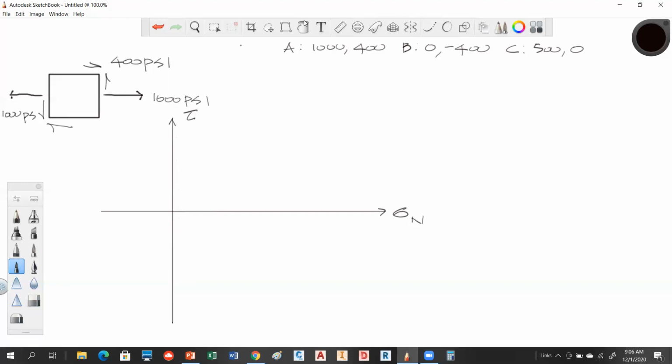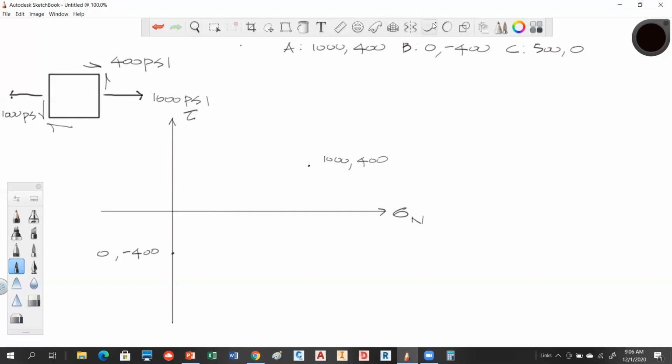So we're going to go in and plot these points, and this is where it's going to be hard for me. So I'm going to come over at 1,000 and up 400. I'm just going to eyeball that point right there. That's going to be A, 1,000, 400. B is going to be at 0, minus 400. So I'm trying to eyeball this. That would be 0, comma, minus 400.